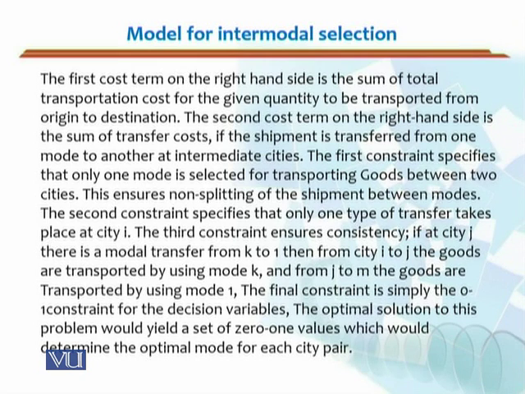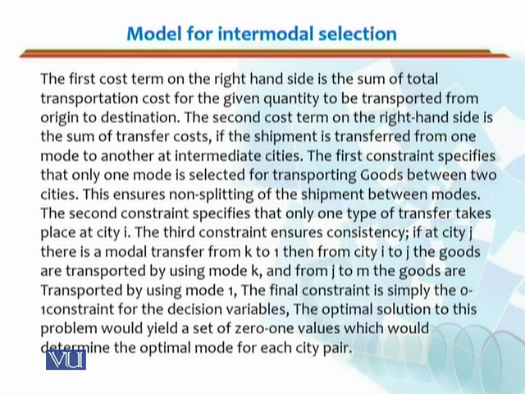So in the objective function, the first term is actually the sum of total transportation cost that is to be transported from the origin to destination. Then the second cost term on the right hand side is the sum of transfer costs. So the first part is the total transportation cost. The second part is the total transfer cost when you are switching from mode k to l.